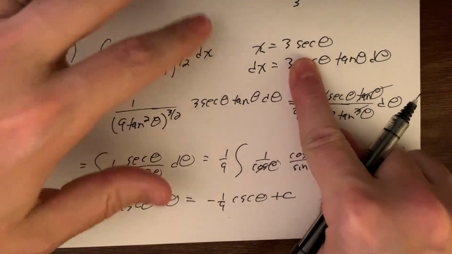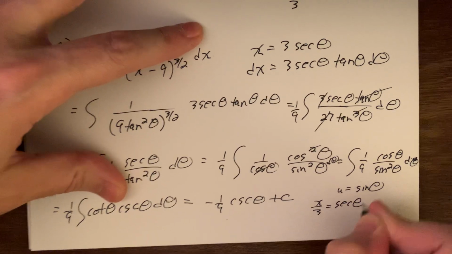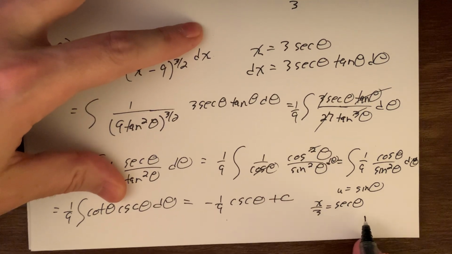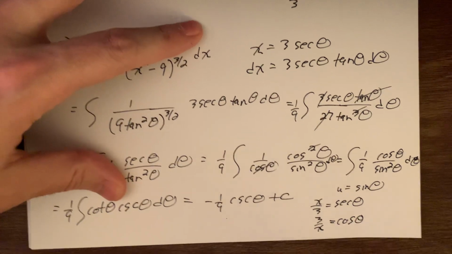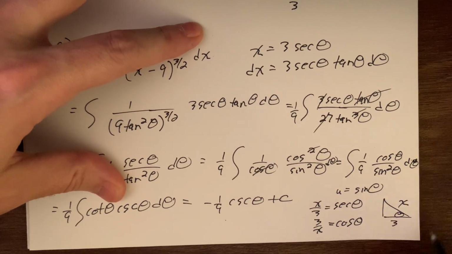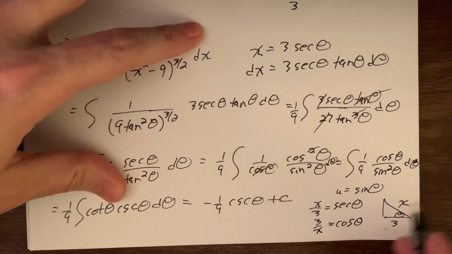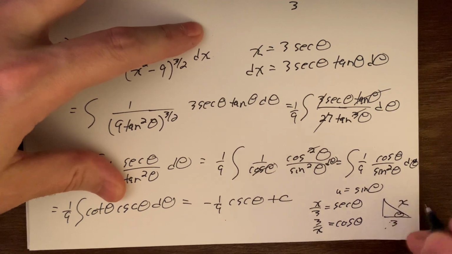And to finish this, well, if x over 3 equals secant, not a lot of us know secant in terms of the right triangle. Well, flip it. That means 3 over x is cosine. So 3 over x, adjacent over hypotenuse. Use your Pythagorean theorem. This squared plus this squared equals this squared.